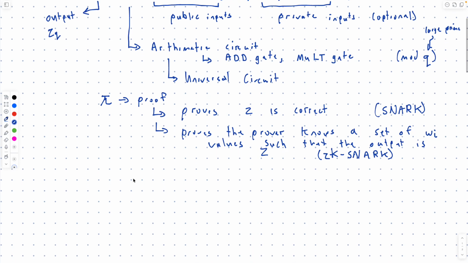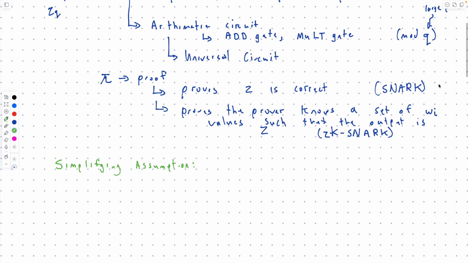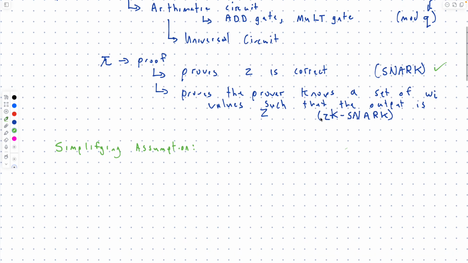Okay, so for simplicity, I'm going to make some simplifying assumptions. I'll write them sort of in green. So the first one I'm going to make is that we're going to consider this world. At the very end, I'll tell you how to adapt it for ZK SNARKs.